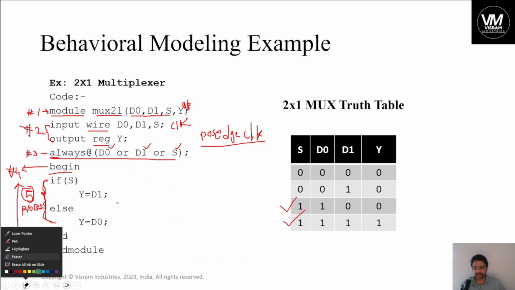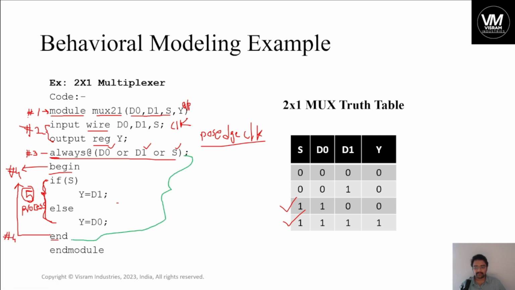Now understand, this is how you write behavioral modeling. Same steps every time: you declare the module name with inputs and outputs, always continuity, begin, and if you write begin, write end immediately, and then we declare the process.